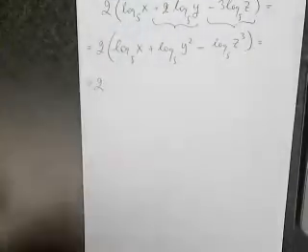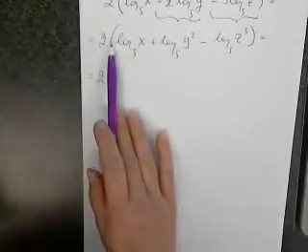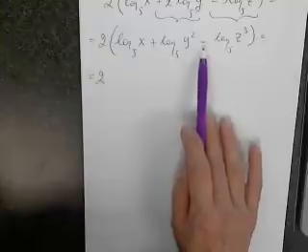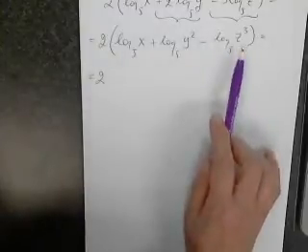And now you know that if the log has plus in front, its quantity goes to the top. If it has minus in front, its quantity comes from the denominator.